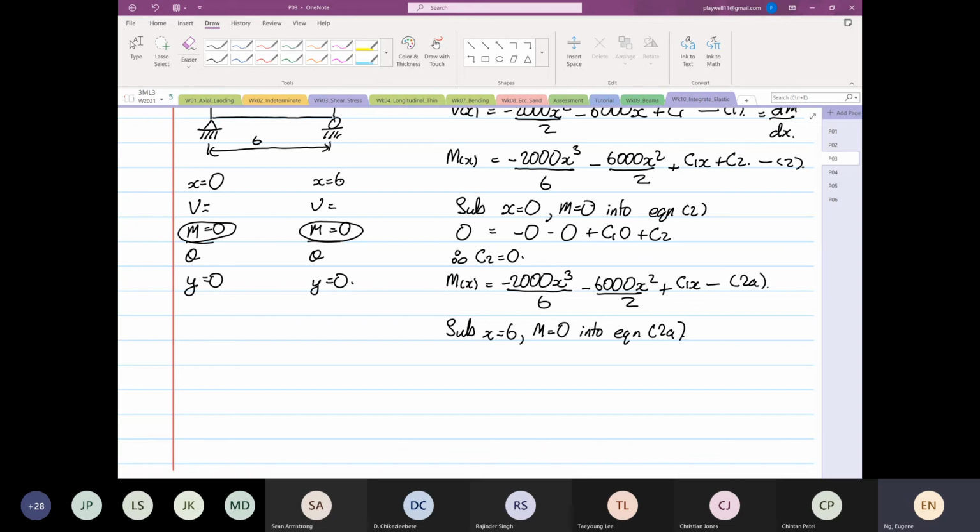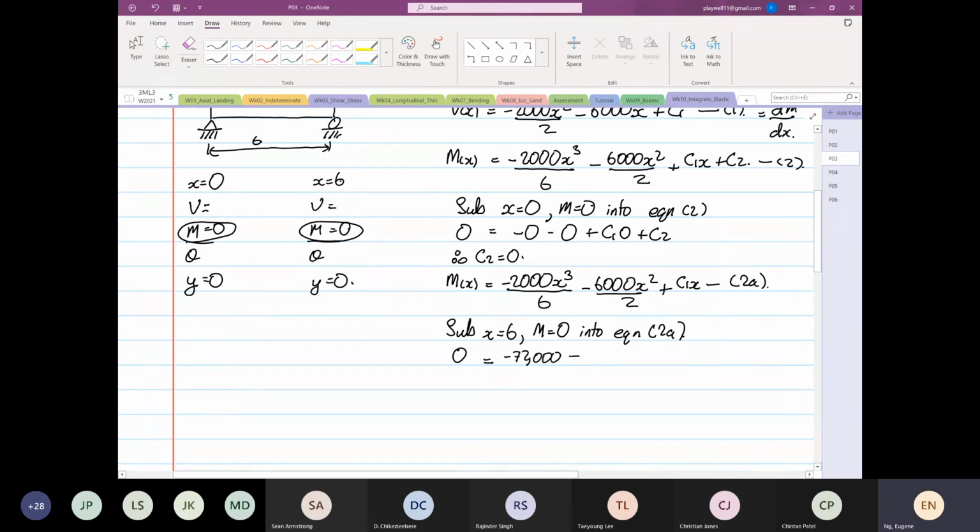Okay, so over here, you substitute M equal to 0, so 0 is equal to minus 2000 times 6 to the power 3 divided by 6. So it's equal to minus 72,000.